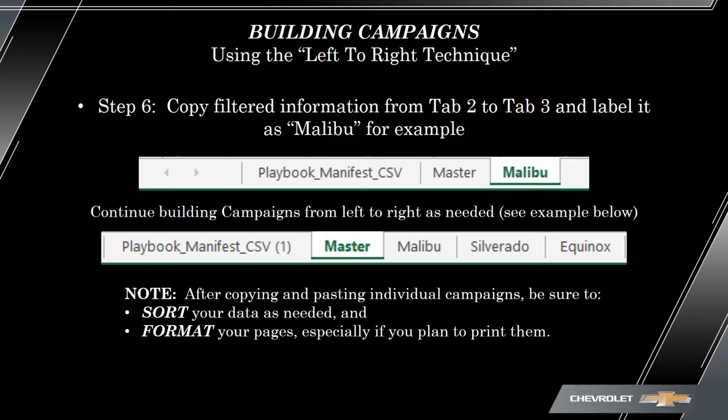Also, please take a look at the bottom example. You continue to the right. We did the Malibu example. You can go back to the master copy, refilter, target Silverado owners, particular years, market positions, etc. Copy, paste it over, rename it Silverado. You can go back, work Equinox, and the list goes on.